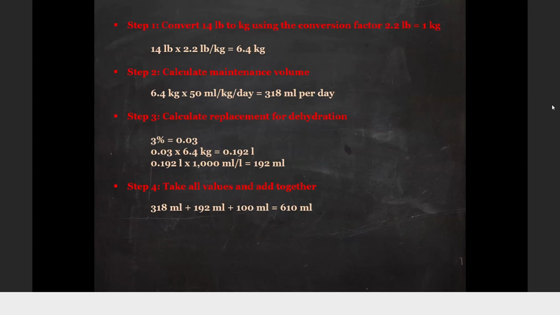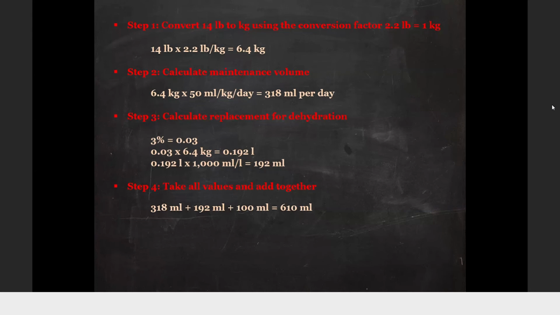So first step, you convert 14 pounds to 6.4 kilograms. So 6.4 kilograms times 50 ml, the maintenance volume, since it's an adult cat, gives you 318 ml. Check if my maths is right. 318 ml per day.